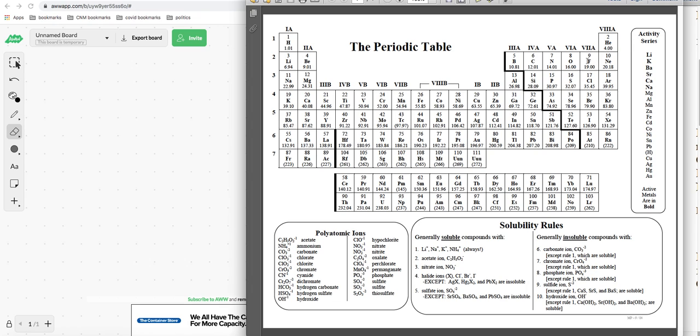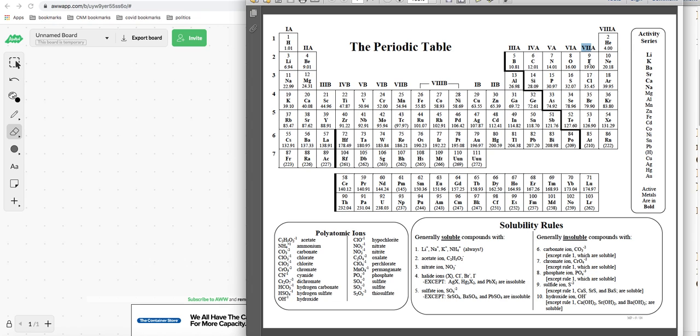So fluorine, the way you know how many valence electrons anything has is you find it on the periodic table, and then whatever the number is up here for that group, in this case it's Roman numeral 7. If you're not comfortable with Roman numerals, you can just write the regular number up on top for reference.